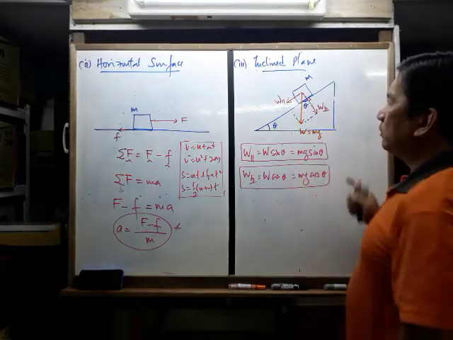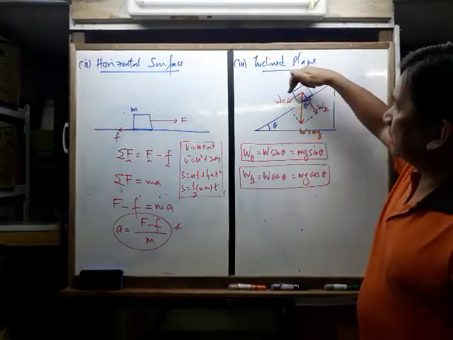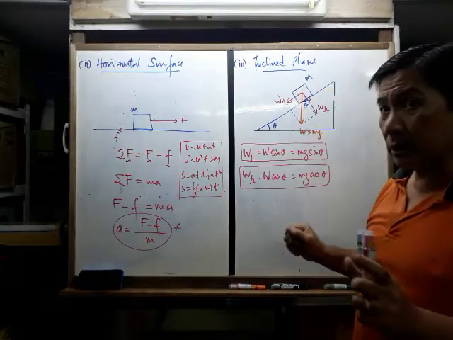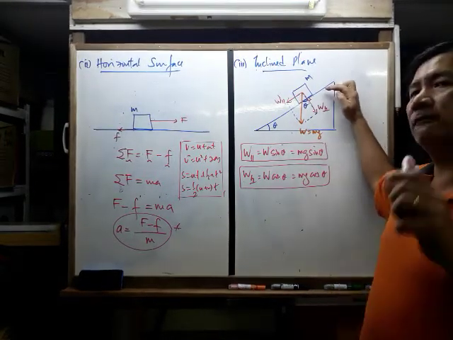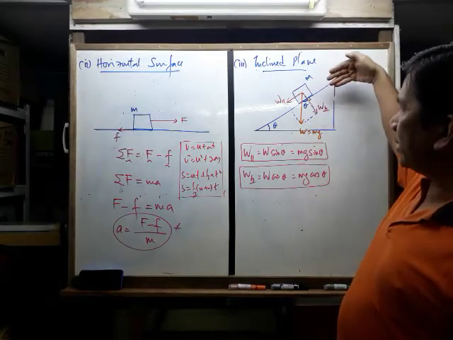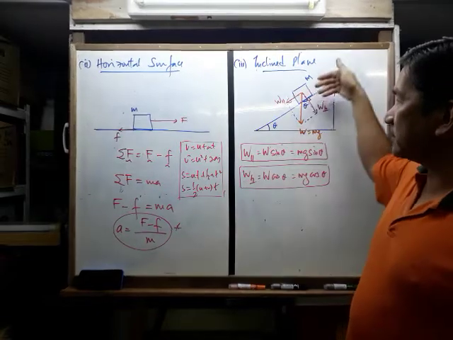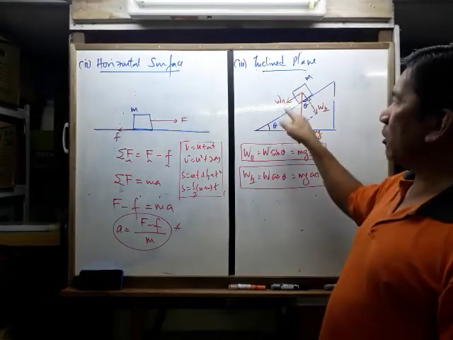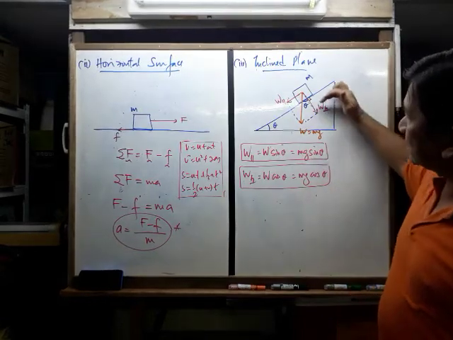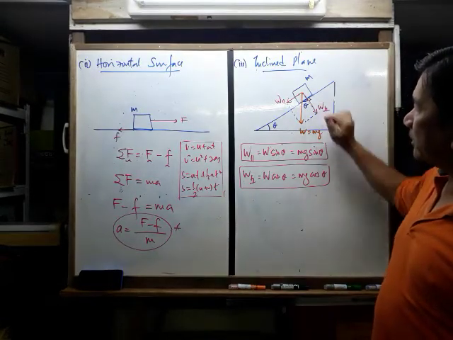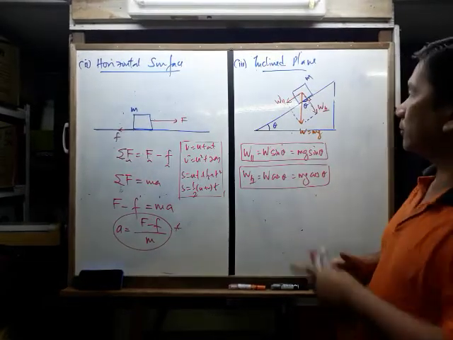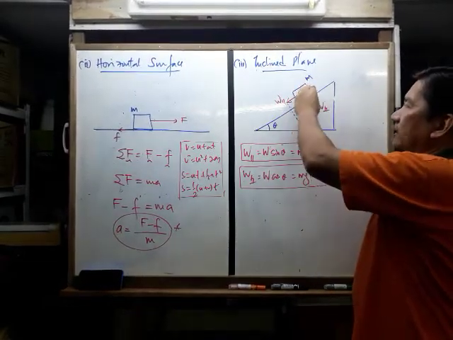Now, if you look at the force, this force here actually tries to pull the object downward. If the surface is frictionless, and you just let it go, the object will slide down and accelerate downward because it has a net force downward. The second component, the perpendicular one, tries to hold the object onto the surface, so the object does not float.